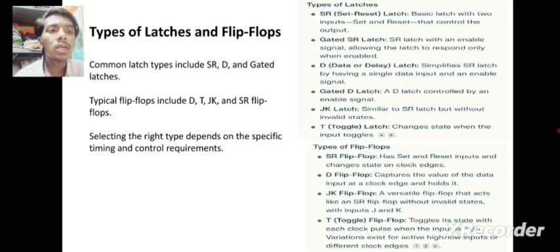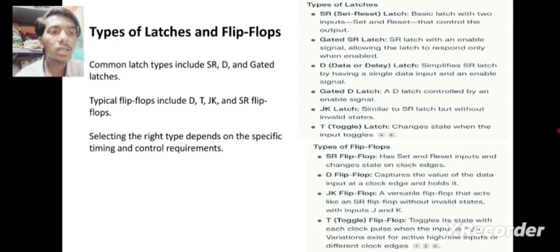The next is the D latch. D means data or delay. It simplifies the SR latch by having a single data input and an enable signal. And the gated D latch is a D latch controlled by an enable signal.